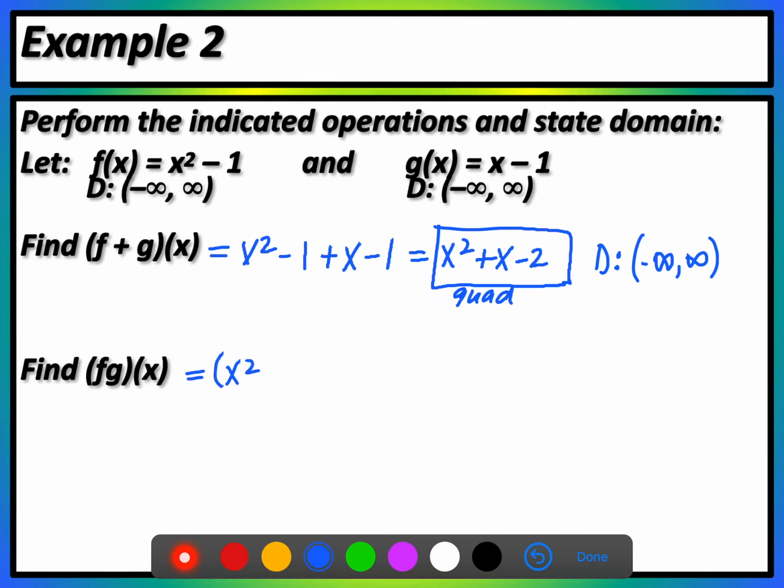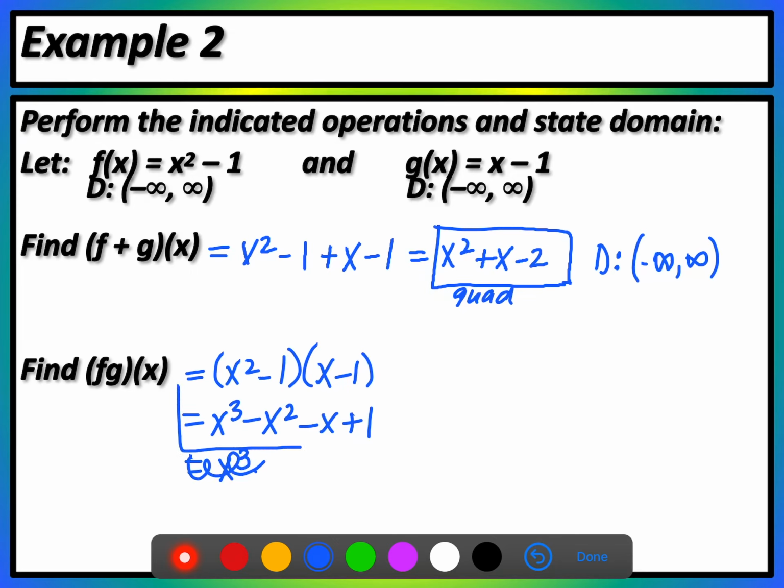Now we're going to multiply. That means x squared minus 1 times x minus 1. Hopefully we remember that this needs to be FOILed. Actually there's nothing to combine here, so that is my final function.